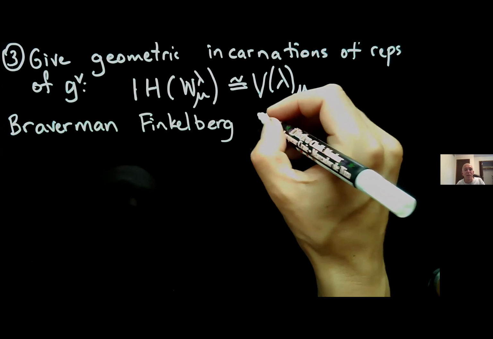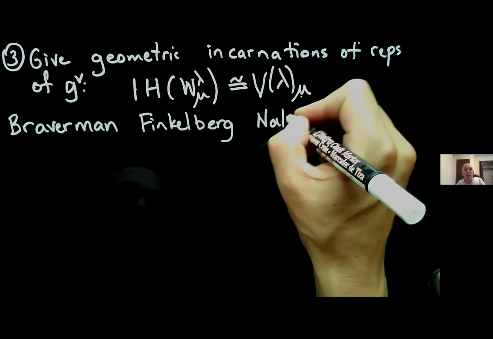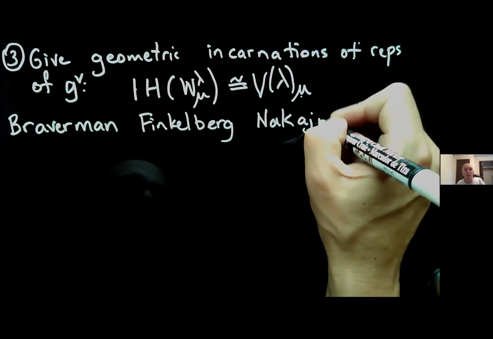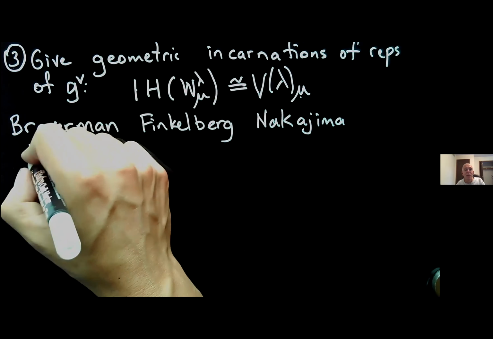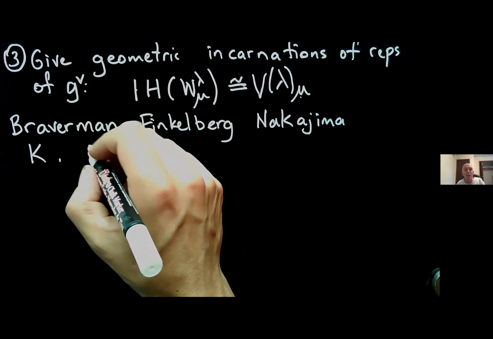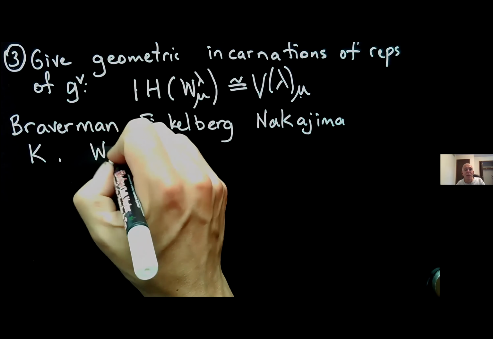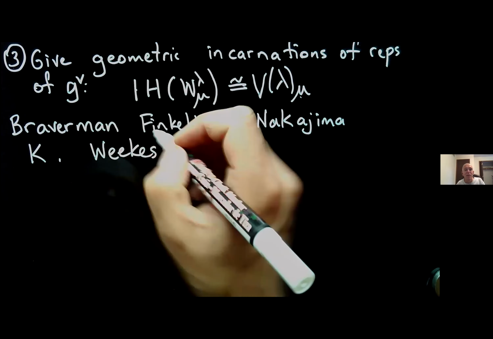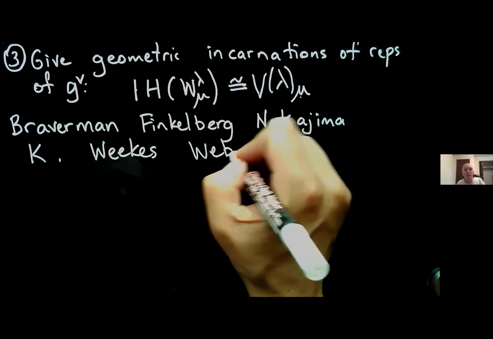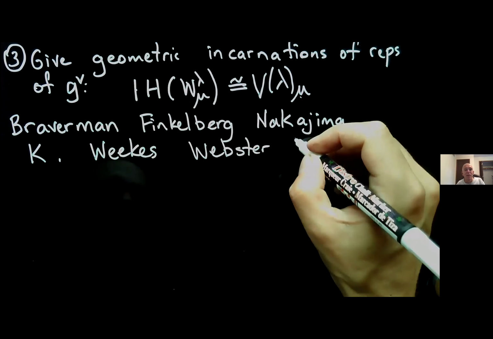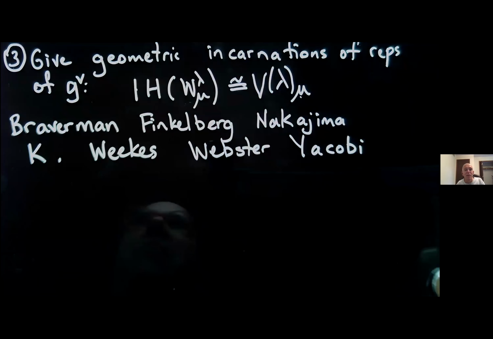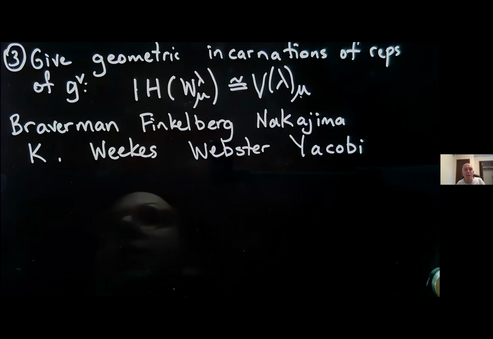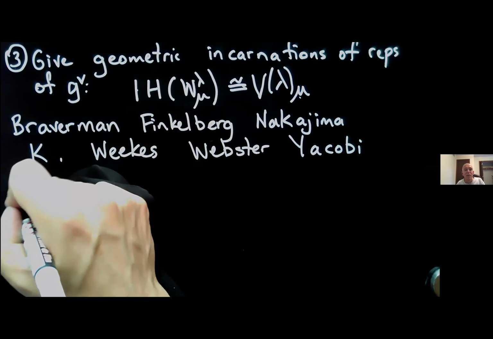Then later, some of what I'm mentioning is joint with them and Nakajima. And then also myself, and some of my co-authors, like Alex Weekes, Ben Webster, and Oded Yacobi. So these are people who studied these different properties.